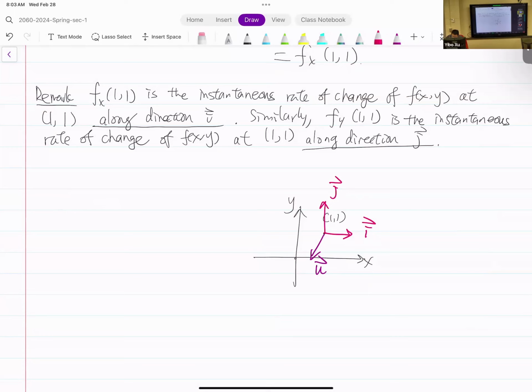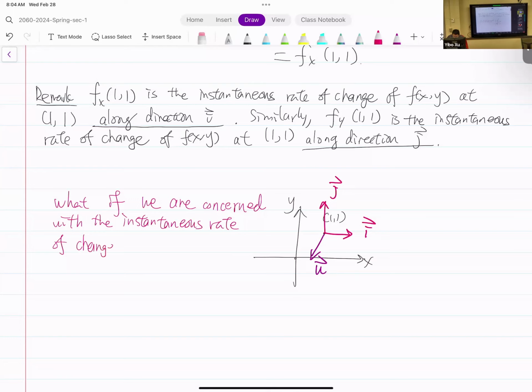What if we are concerned with the instantaneous rate of change along a different direction u.